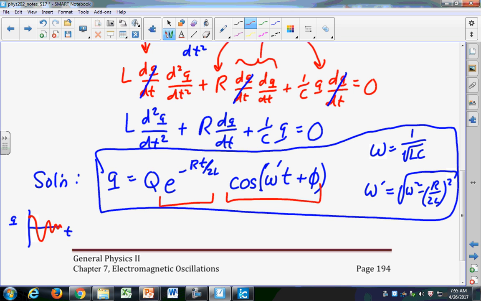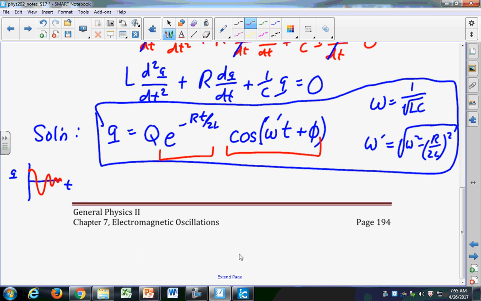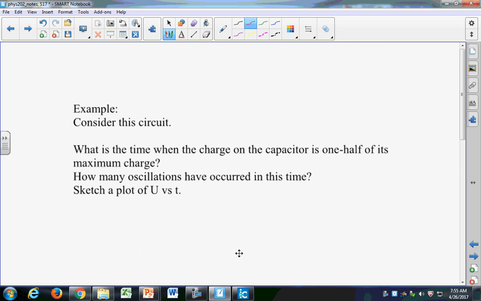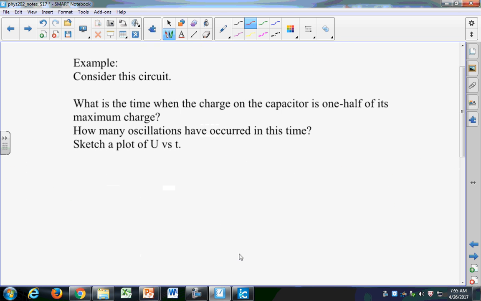Alrighty. Let's do a sample problem, and you have some in your homework as well. So let's look at a circuit. I have a capacitor, I have a resistor, and I have an inductor.